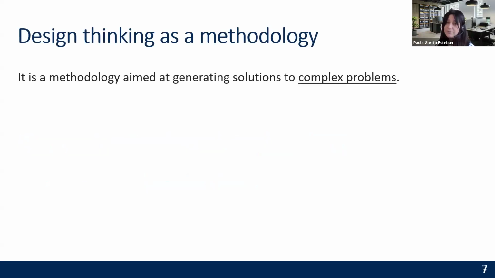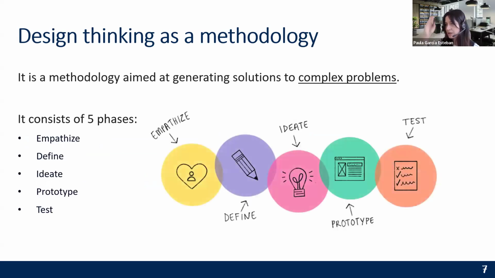And for doing this, I'm taking the best of design thinking. That's a methodology aimed at generating solutions to complex problems. And it has 5 steps, phases. First, empathize, because we need to understand and really connect with the business needs. Then define.